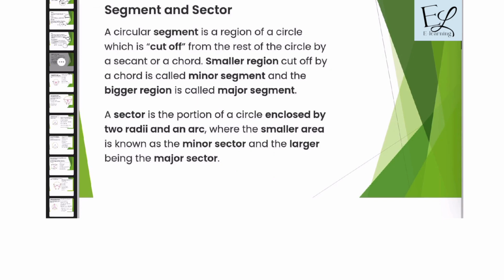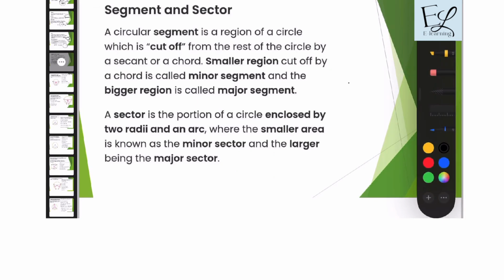Okay, next is segment and sector. A circular segment is a region of a circle which is cut off from the rest of the circle by a secant or chord. Look at this. This is the center. This is chord AB. The curved AB part is your minor arc, and this line segment AB is your chord.